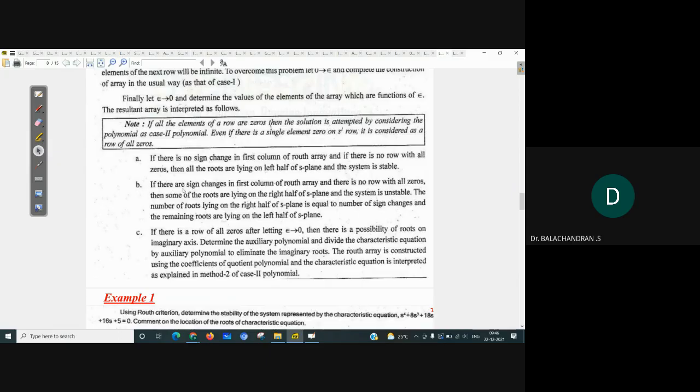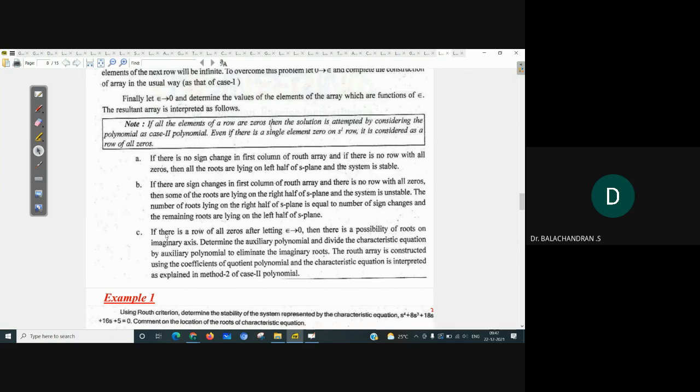If there are sign changes in the first column and no row with all zeros, then some of the roots are lying on the right half of the s-plane and the system is unstable. The number of roots lying on the right half of the s-plane is equal to the number of sign changes, and the remaining roots are lying on the left half of the s-plane.